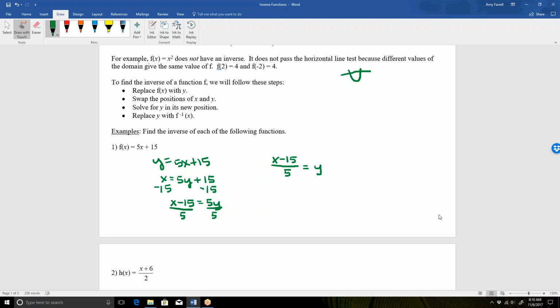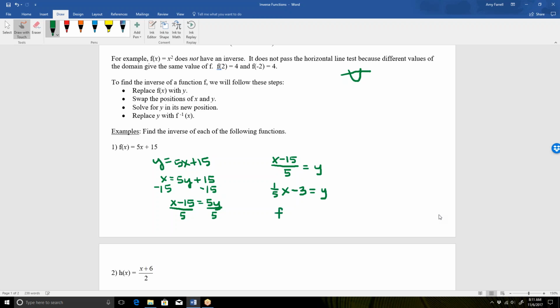If you want to split this up, you can, but it would end up being 1/5 x minus 3. I'm taking each term in the numerator and individually putting it over the denominator. Now you don't have to do that. You could also leave it like this.